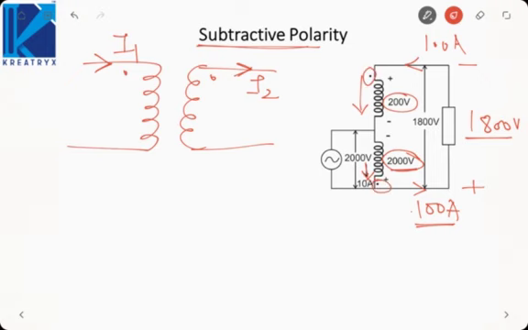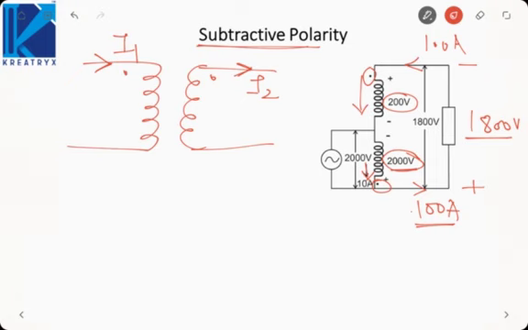So at this dot current must leave, current cannot enter. So 10 ampere current should be downwards. Always in a transformer, current enters from one dotted terminal and leaves from other dotted terminal, because primary and secondary MMF or flux should oppose each other in accordance with the Lenz law. Okay, according to Lenz law they must always oppose each other.